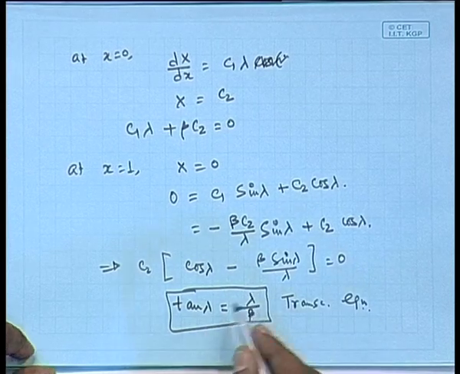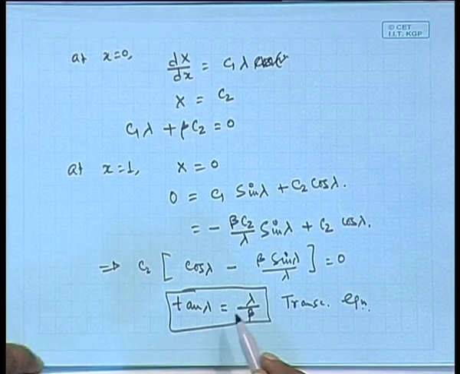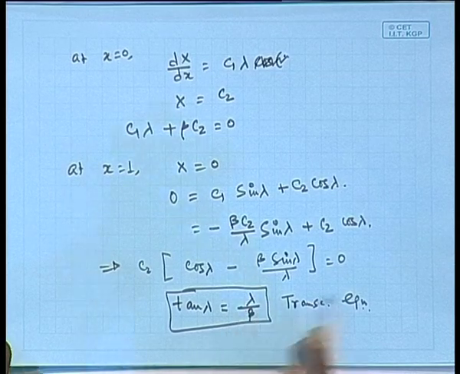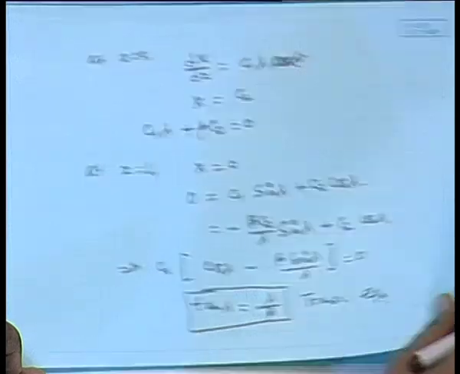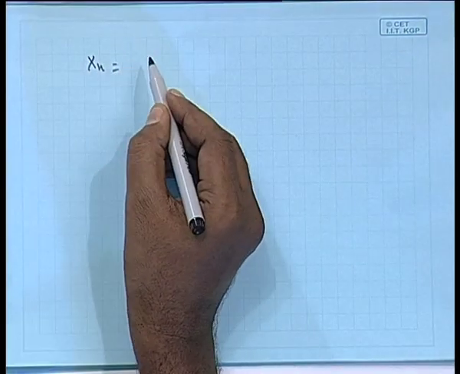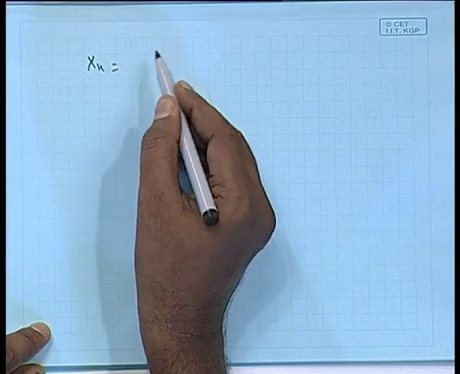Again there will be an infinite number of roots of this equation, and all the roots correspond to the individual eigenvalues. Now, let us look into the fate of the eigenfunction. In this case both C1 and C2 are not equal to 0.